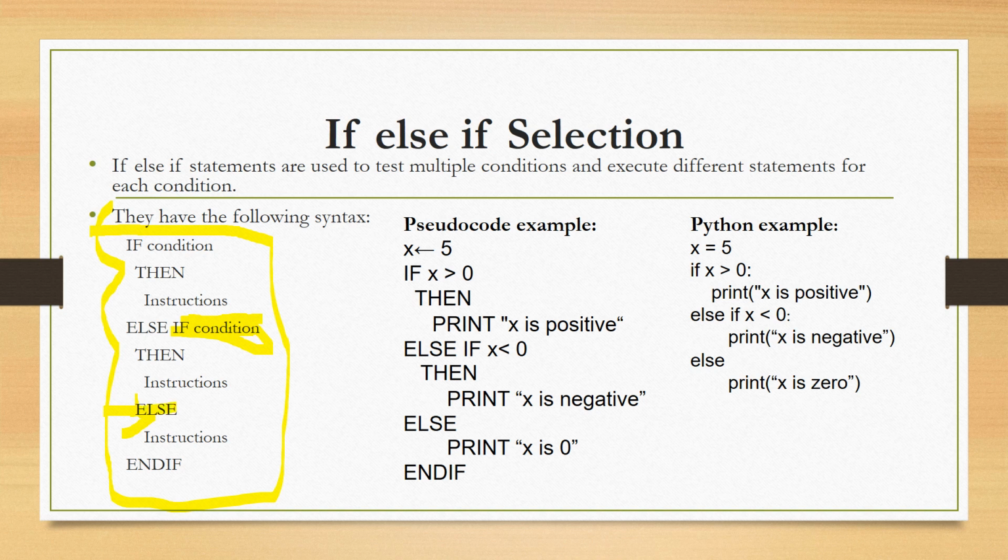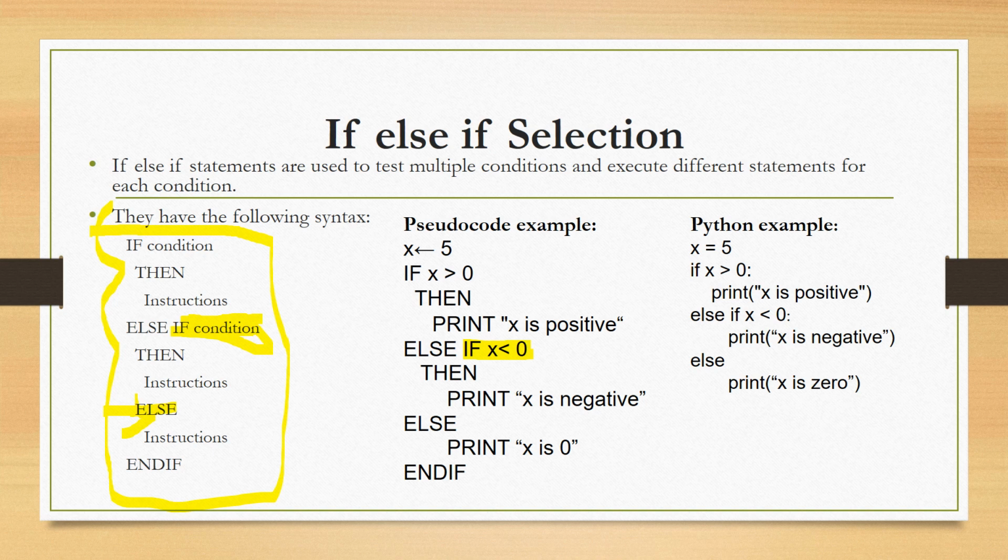And let's say these first two conditions are not true, then we will follow this else part. So again, let's take this example, x equals 5. If x is greater than 0, then print x is positive number. Else if x is less than 0, so we specify if again with else, right? Then we have to specify the condition as well.